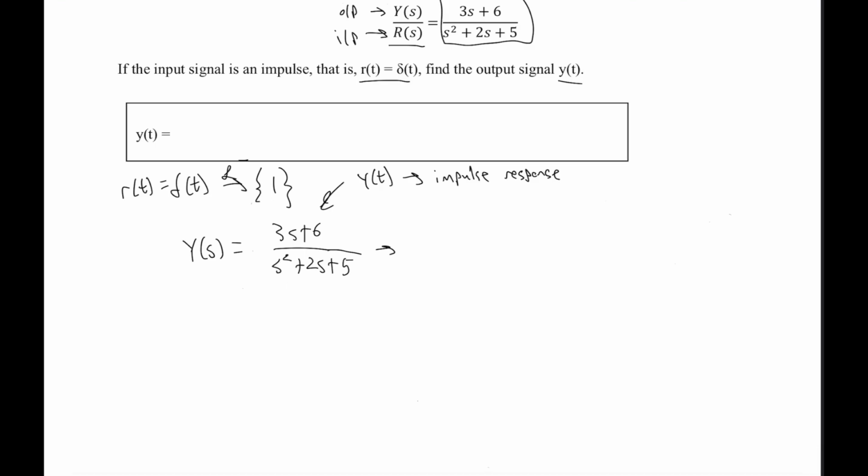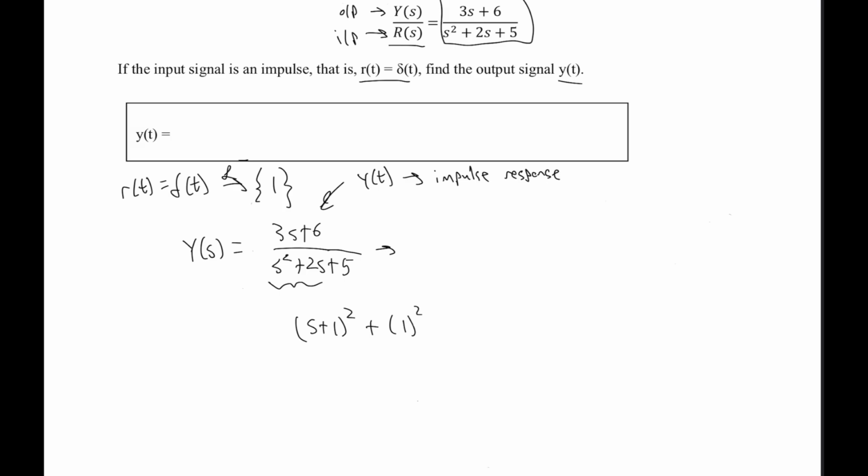First, let's take a look at the denominator, s² + 2s + 5. That's something that's not super factorable. It has two, I want to say, imaginary roots. So what we're going to do is use completing the square to get something like (s + some number) squared plus another number squared.